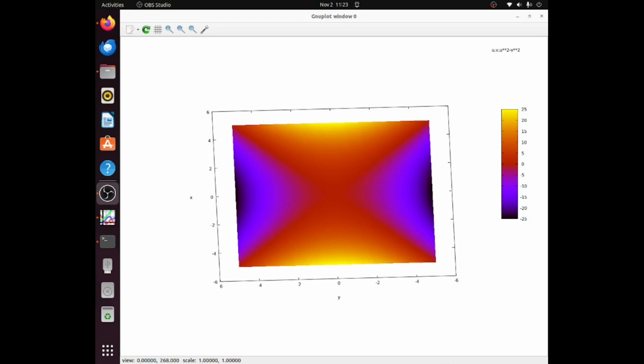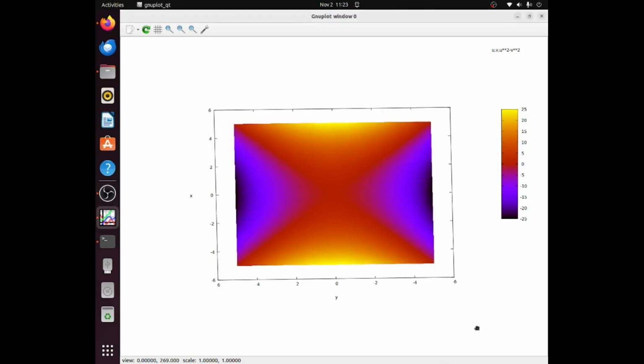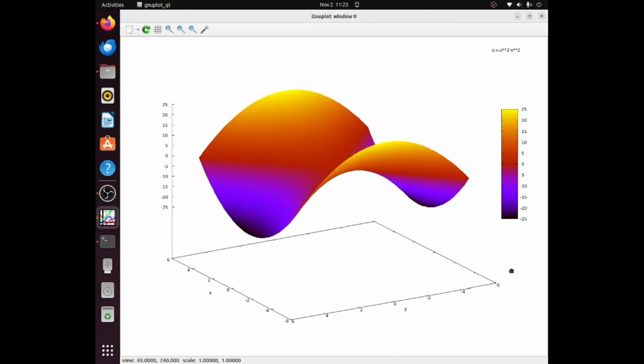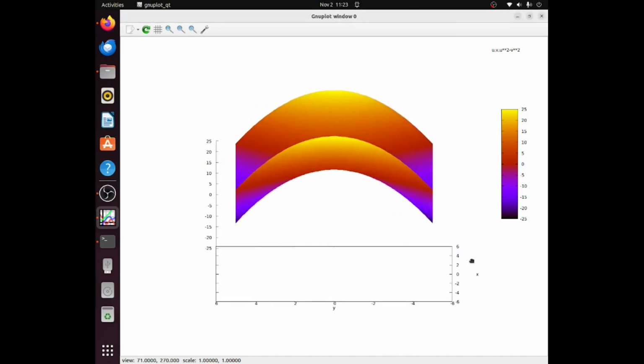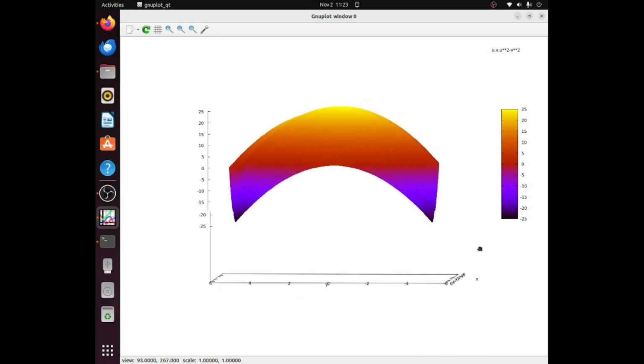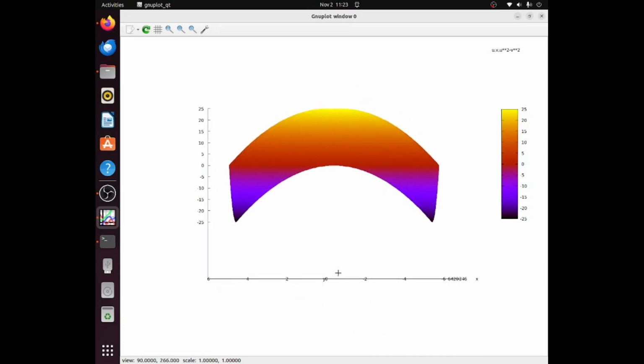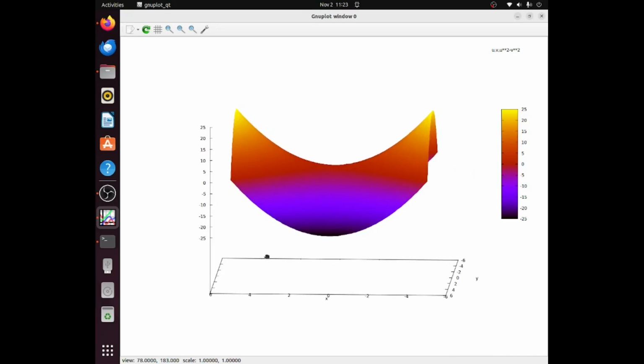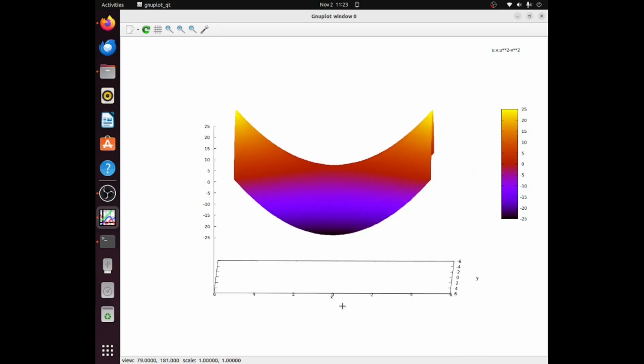Let's get a better perspective on this. Here, I can see y versus z, but not much in the way of x. It looks like a parabola that opens downwards. Here, I can see mainly the x and the z, and it looks like parabolas that open upwards.